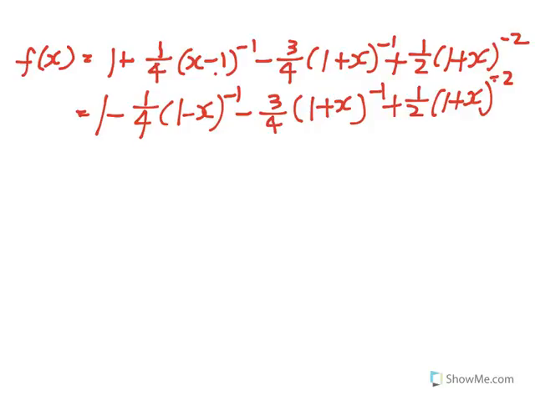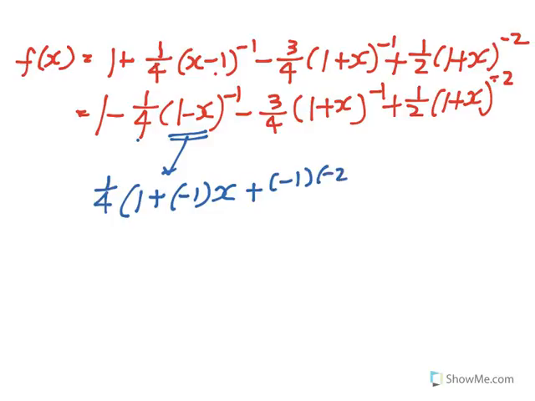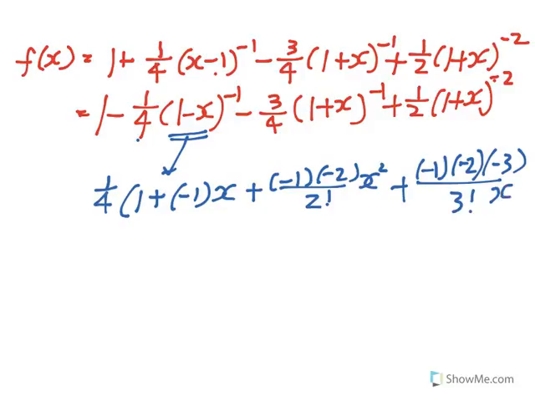From this portion, you can expand this. This is going to give you 1/4 from here, then 1 plus (-1)(-x), so it's quite a long process: minus x plus (-1)(-2) over 2 factorial x squared plus (-1)(-2)(-3) over 3 factorial x cubed.